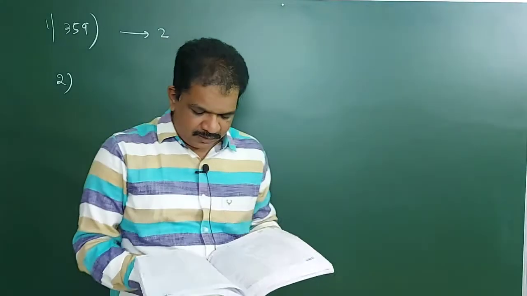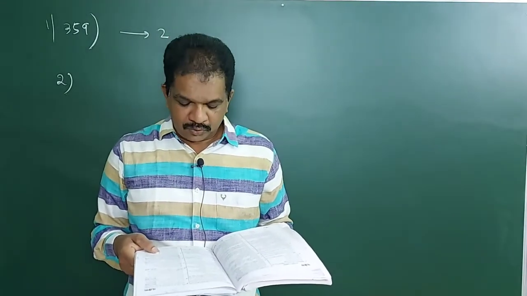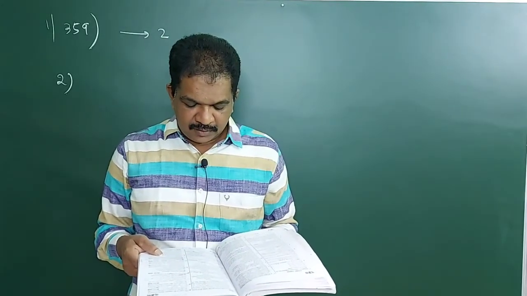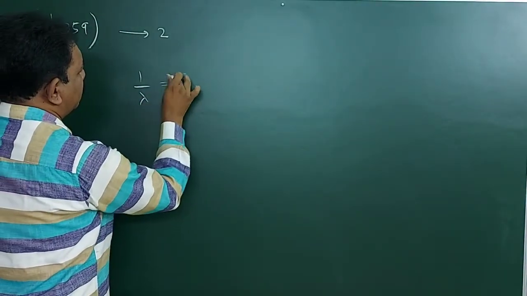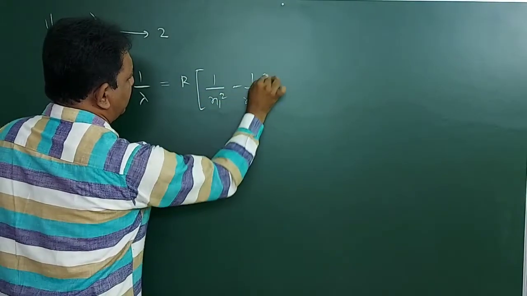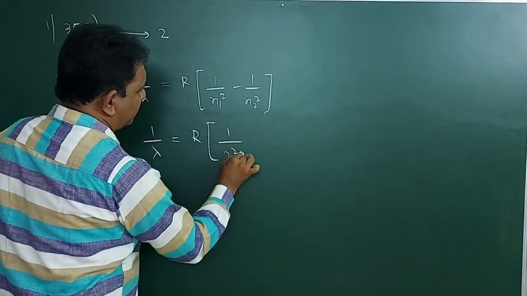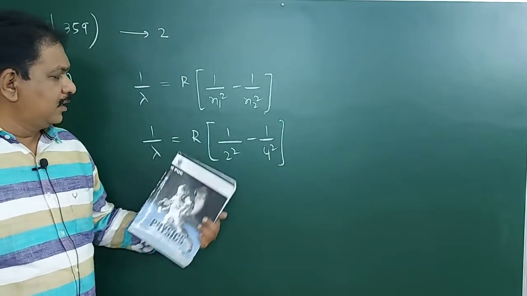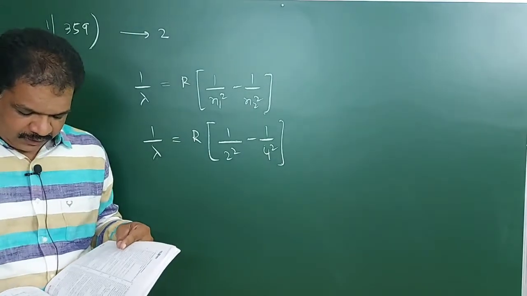See the second question. When an electron jumps from the orbit n equal to 2 to n equal to 4, then the wavelength of the radiation absorbed is? So what is the formula? 1 by lambda is equal to R into 1 by n1 square minus 1 by n2 square. 2 to 4, that is.